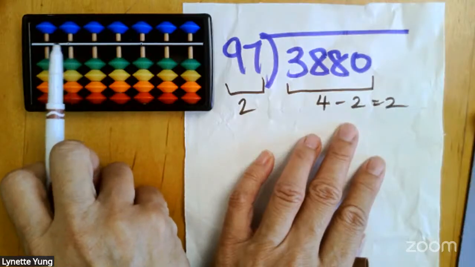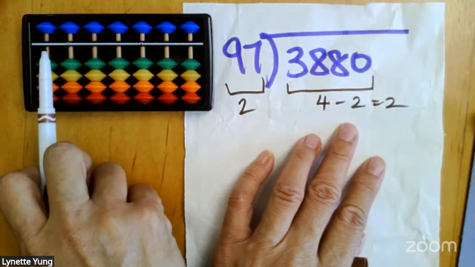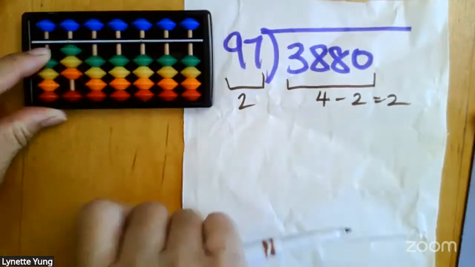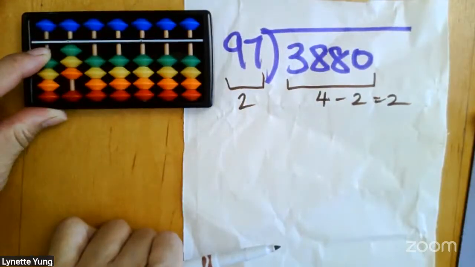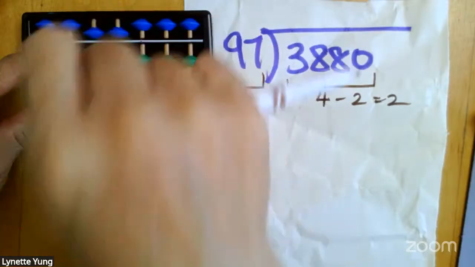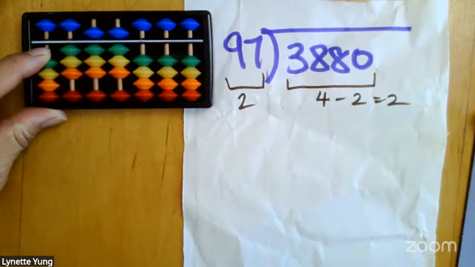One, 2. Yeah. So we're going to put the dividend here on the abacus. Did you do that? Yep.